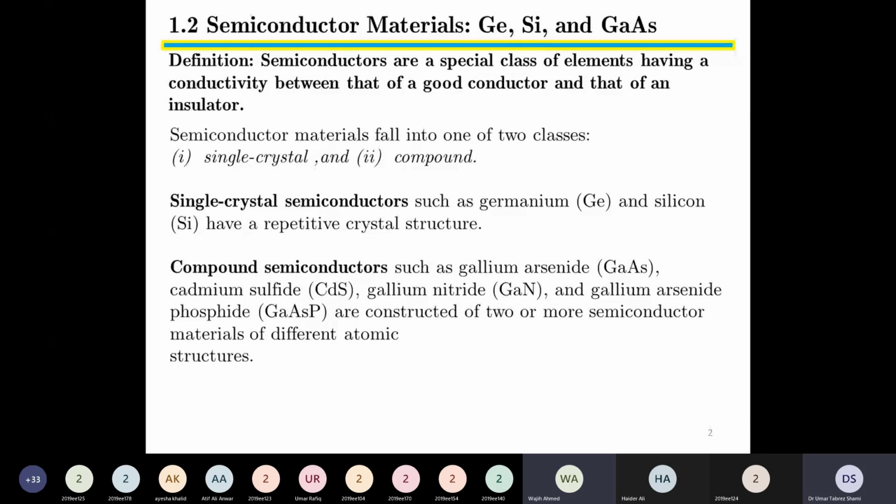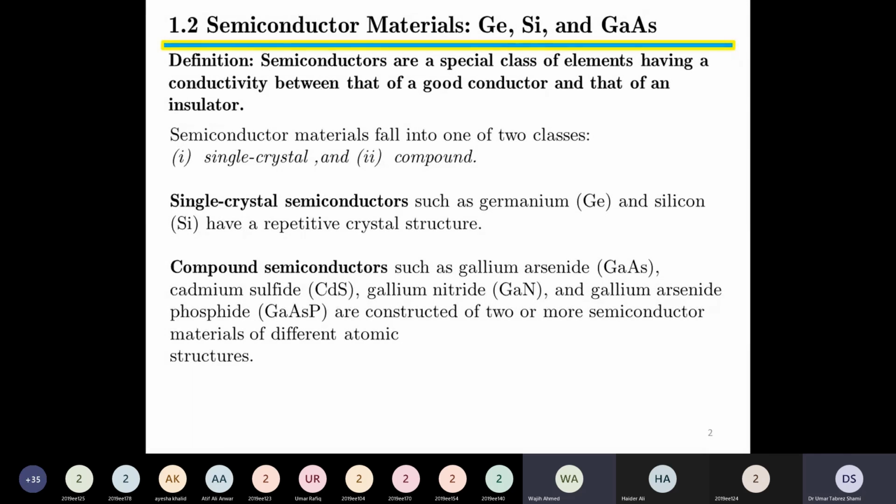And the compound semiconductors are a mixture, a composition of at least two elements. For example, gallium arsenide. Second example, cadmium sulfide. Third example, gallium nitride. And fourth example is gallium arsenide phosphide.